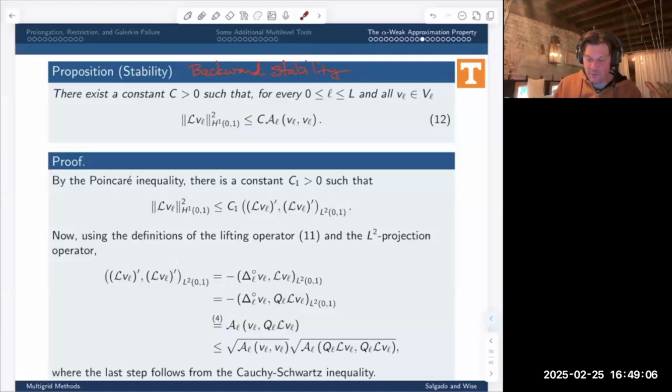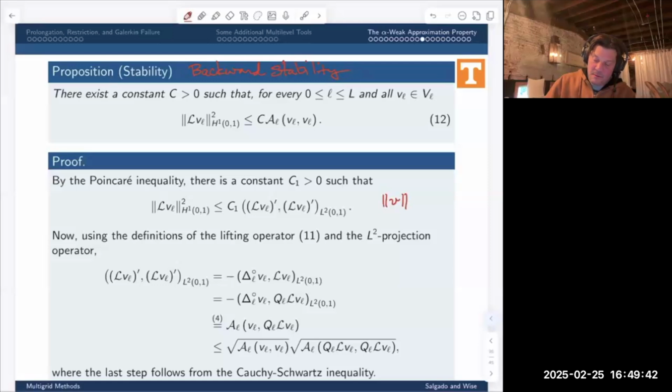Okay, so this one I didn't want to leave to chance, so let's prove that this is true. By the Poincare inequality, there is a constant C1 such that this holds true. What's going on here? If you remember what the Poincare inequality says, you might have seen it like this.